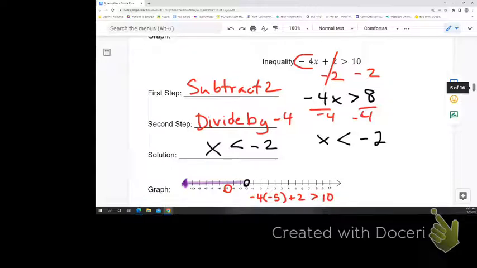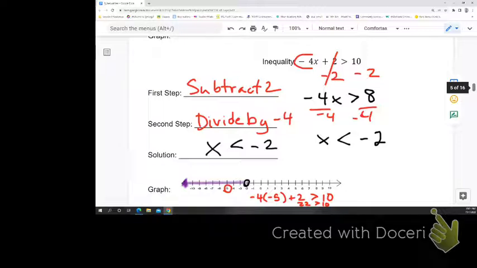That would be 20 plus 2. Is 22 greater than 10? Yes. So if I had not changed my symbol, I would have shaded the other way. And if I put in a positive number, the answer would have been negative, and that would not be greater than 10.